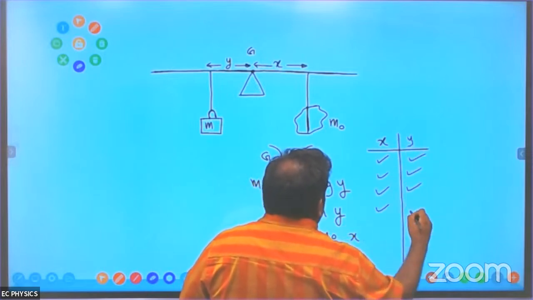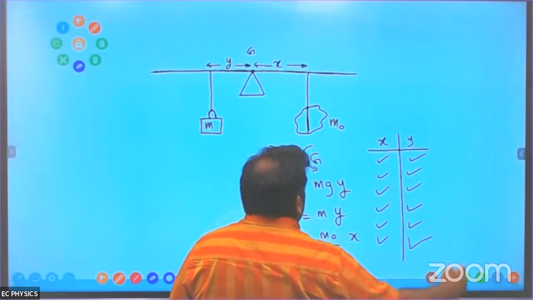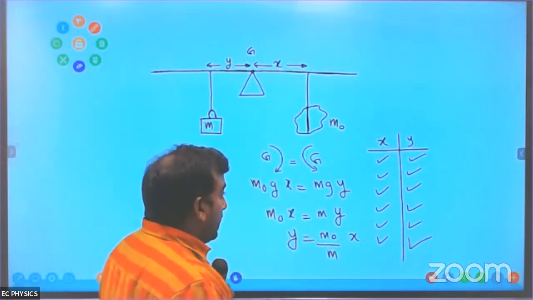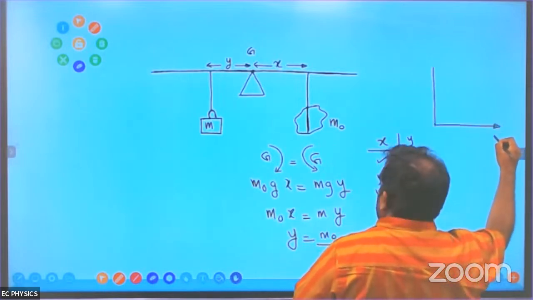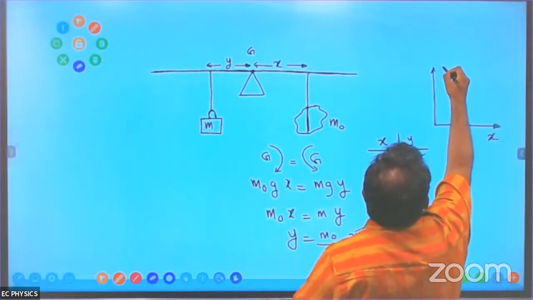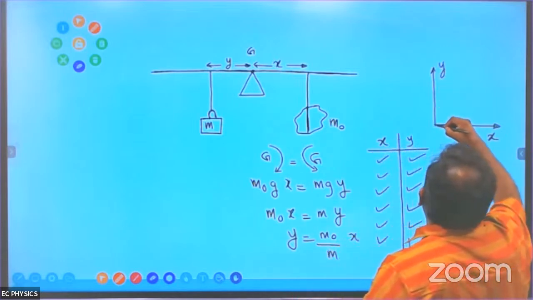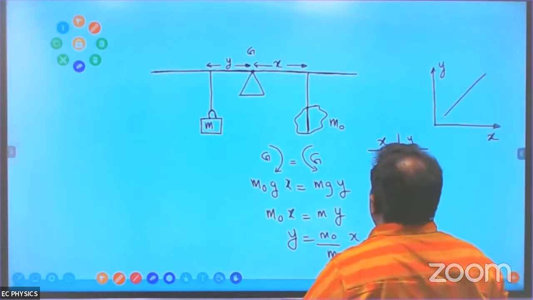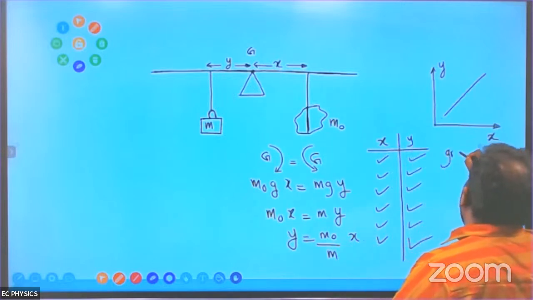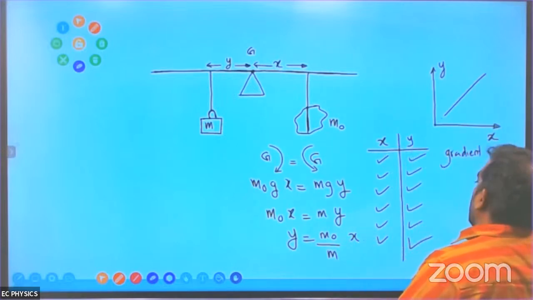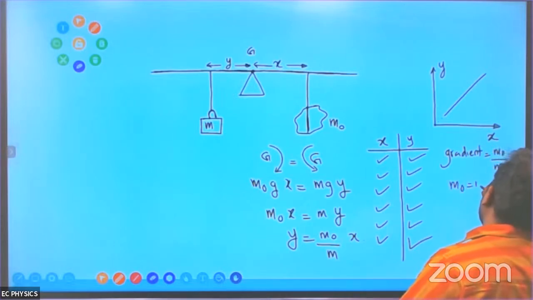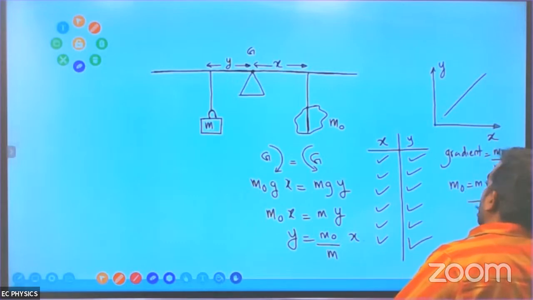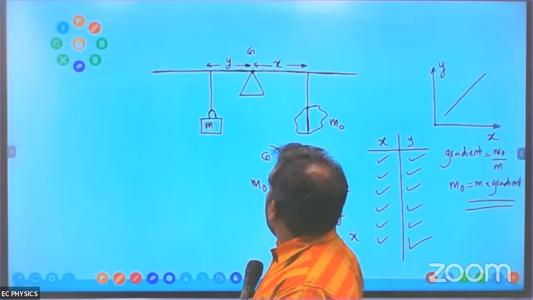And then you plot the graph between x and y. Graph is of the form y is equal to mx. Now from the gradient of the graph, you can find the unknown mass.